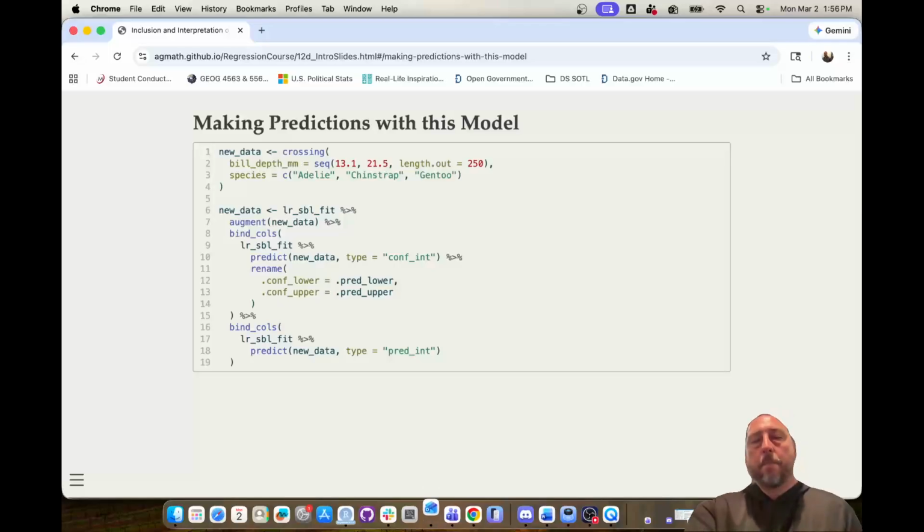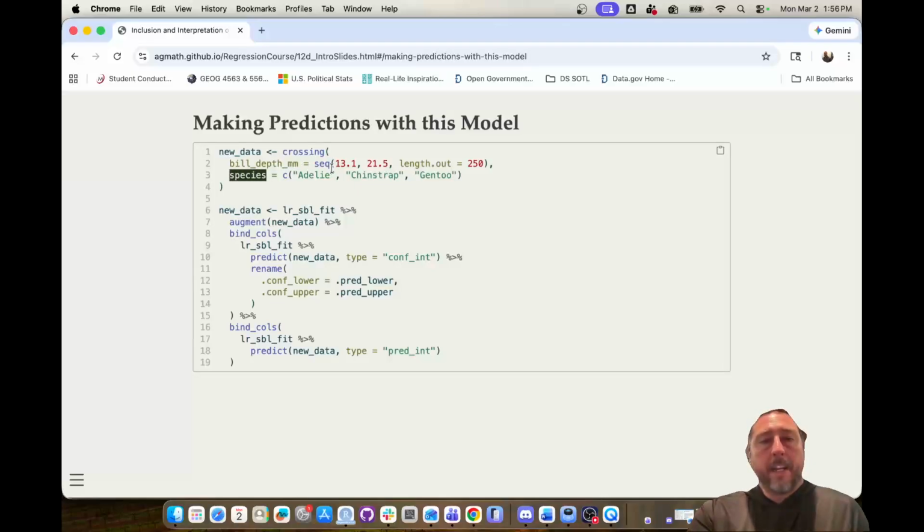Okay. This is all now sort of additional stuff that you may be interested in using or exploring. So we can make predictions with this new model. If we're going to make predictions, we're going to need to have information about the bill depth of a penguin and about the species of a penguin.